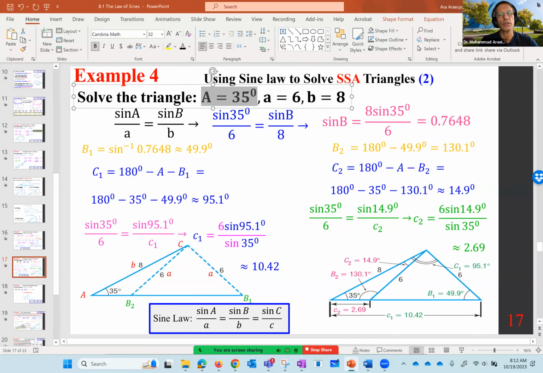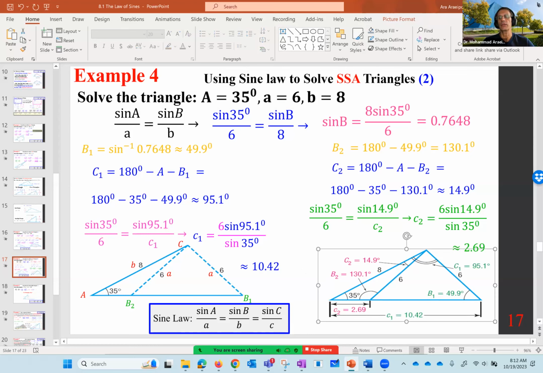And we went through the process, very straightforward, using obviously the sine laws to finish the job. And it looks something like this. We have two triangles, both of which have one side of 6, as you can see.